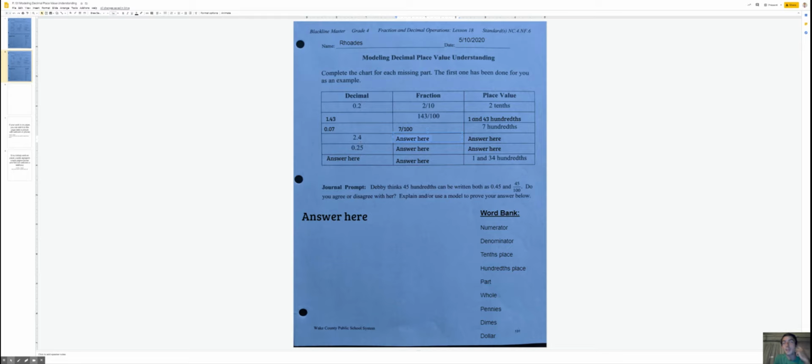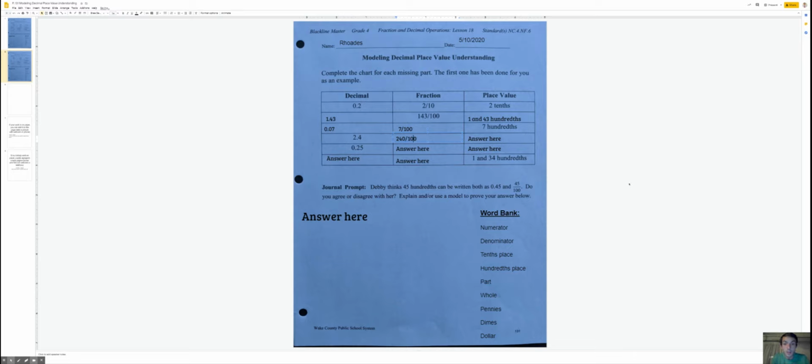And I can hear some of you in the background right now chiming in why, and I'm proud of you because that is $2.40. That 4 is in the tenths place, which means it's 4 dimes, okay? In our fraction form, we're going to put 240 over 100.